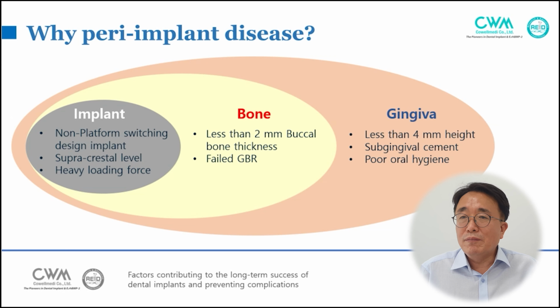And second, bone factors: the bone has less than 2 mm buccal bone thickness, and the GBR bone graft failed. And third factor, gingival: the gingival biological width or gingival depth is less than 4 mm high. And second, subgingival cement remains, and the patient has poor oral hygiene technique.